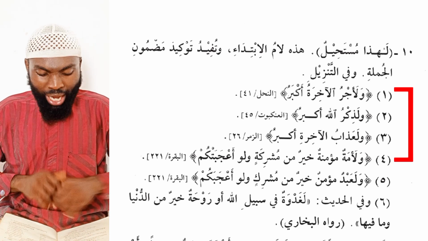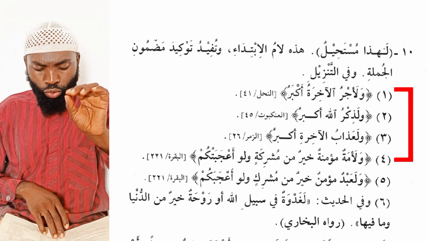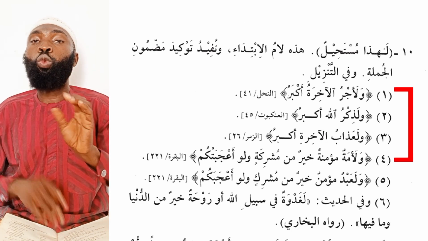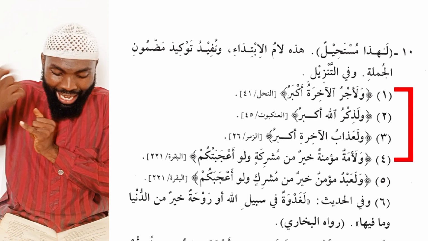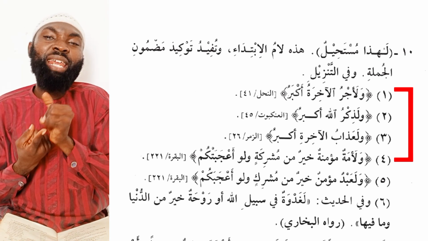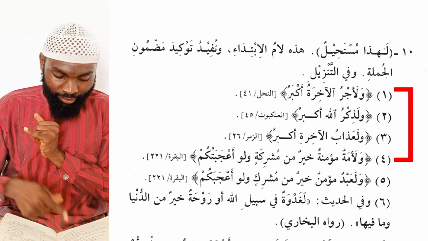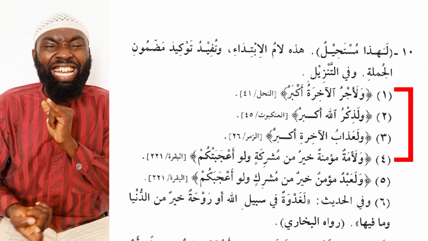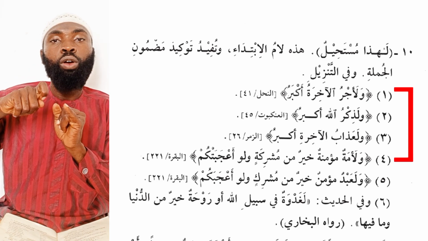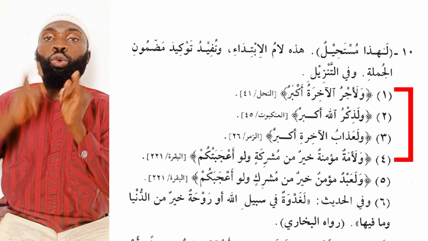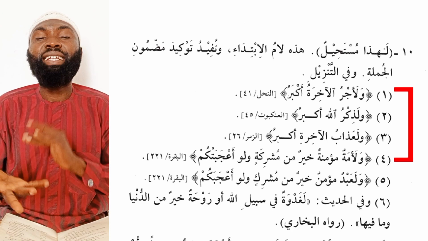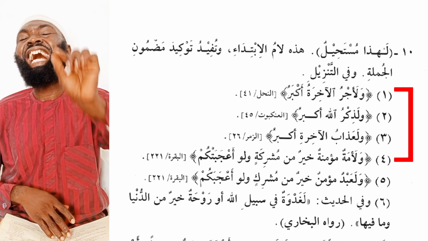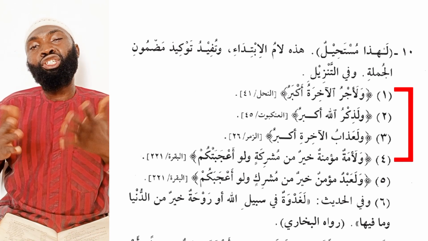Number 4, Allah says, وَلَأَمَةٌ مُؤْمِنَةٌ خَيْرٌ مِن مُشْرِكَةٍ وَلَوْ أَعْجَبَتْكُمْ. وَلَأَمَةٌ, and a believing girl, a believing lady, khayrun min mushrikatin, is better than a lady who is an idolater. وَلَوْ أَعْجَبَتْكُمْ, even though the idolater impresses you.